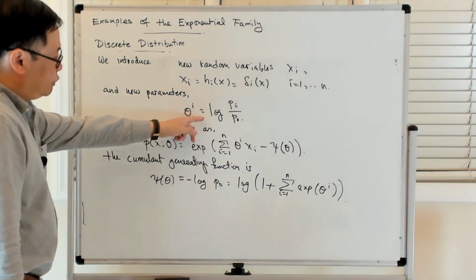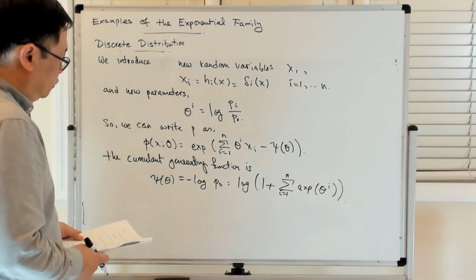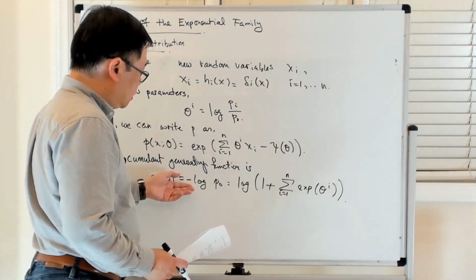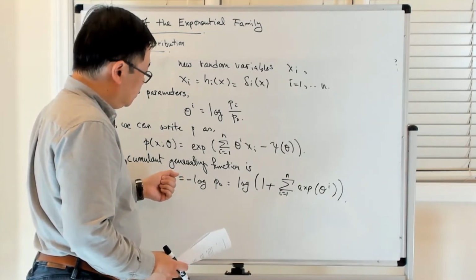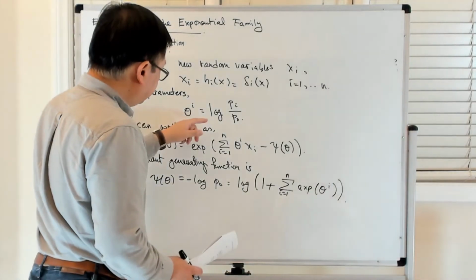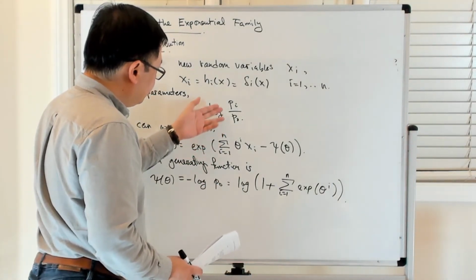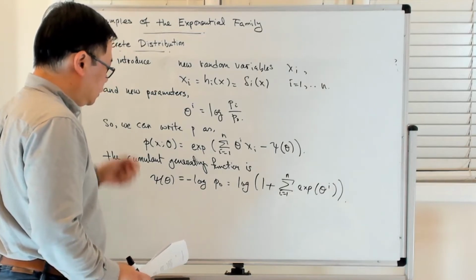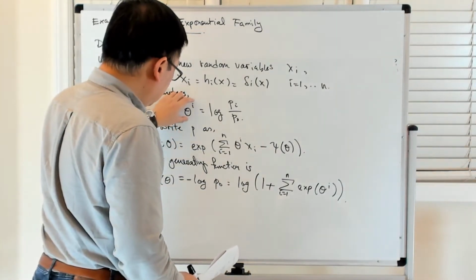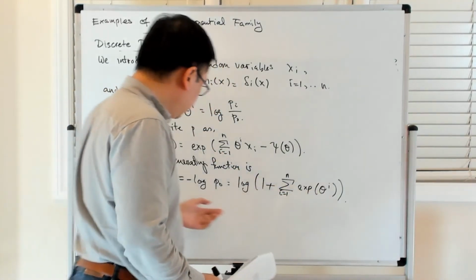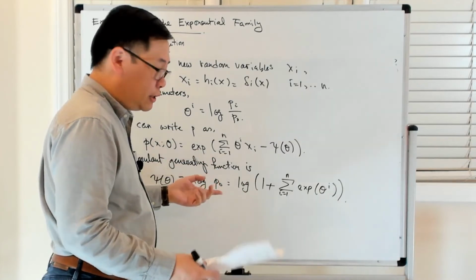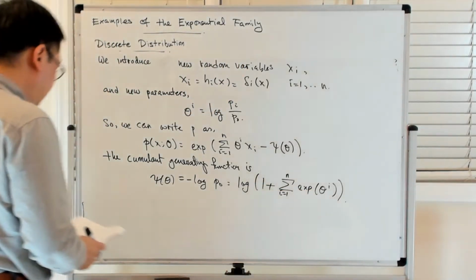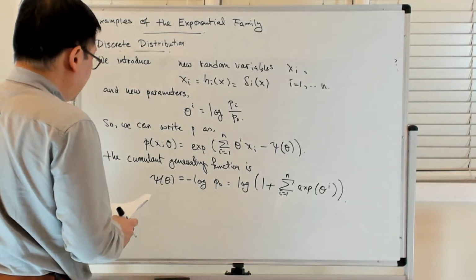We just use this definition and the fact that the sum of the pi's from i equals 0 to n equals 1, which is the normalization condition, and the expression for the theta i's in terms of pi's and p0, to rewrite minus log of p0, the normalization factor which we had from before, in terms of the variables theta i.